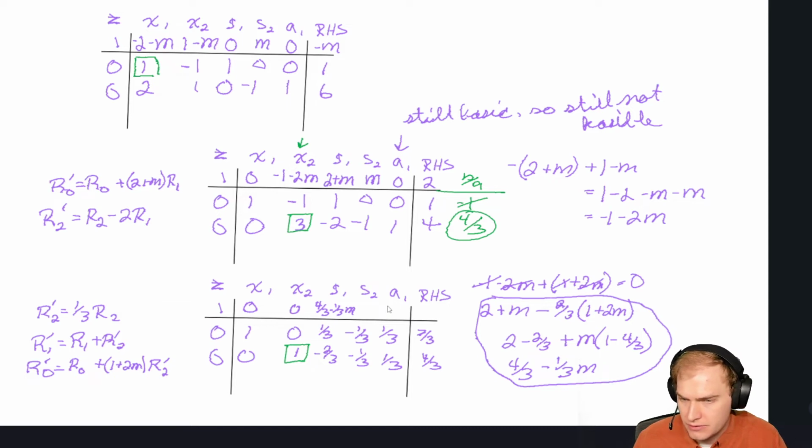This one is going to be 1/3 plus 2/3 m. S2 is negative 1/3.